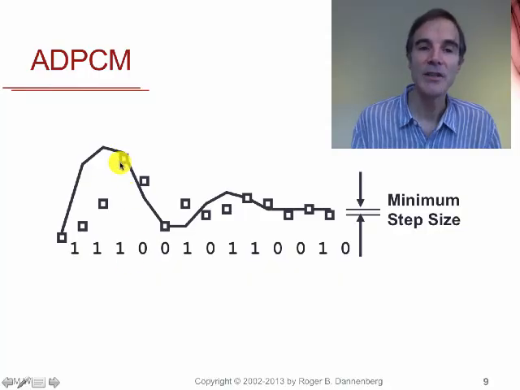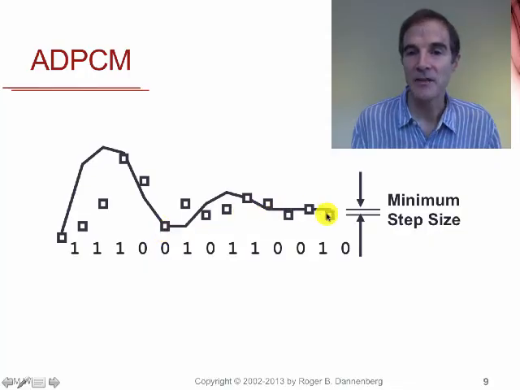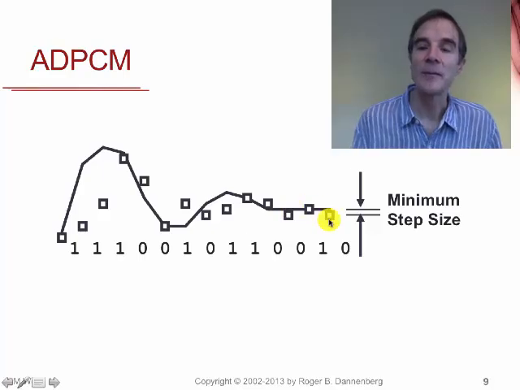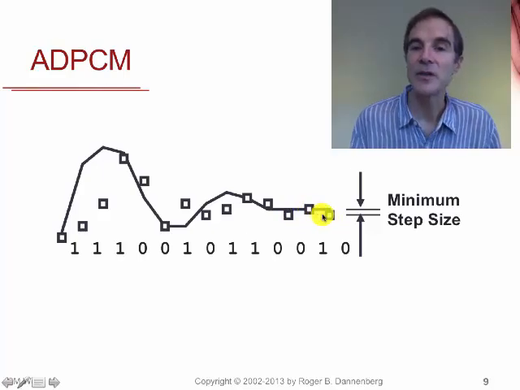When we change directions, then the step size decreases. So here we output a 0, we get a small step down. And what happens when we hit the end of the signal where the signal is steady, we are alternating. Here's 1, 0, well, 0, 1, 0. We are alternating, and that reduces the step size.